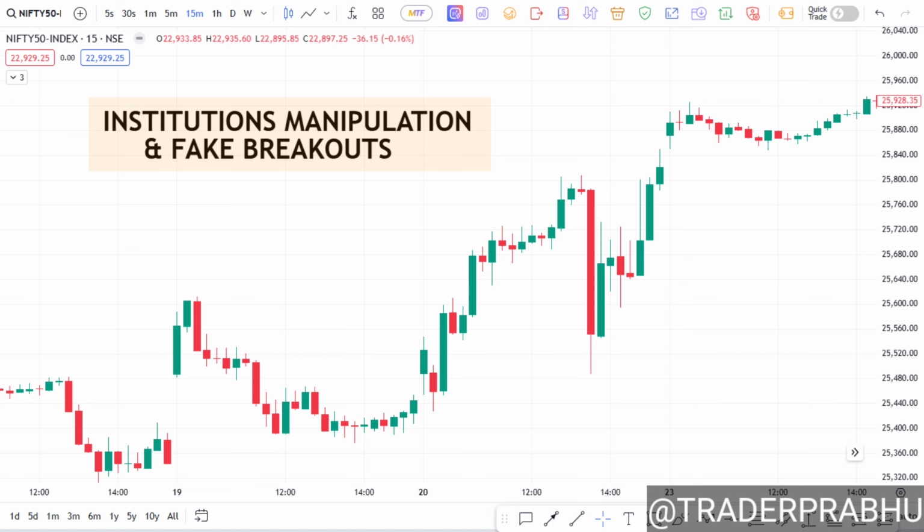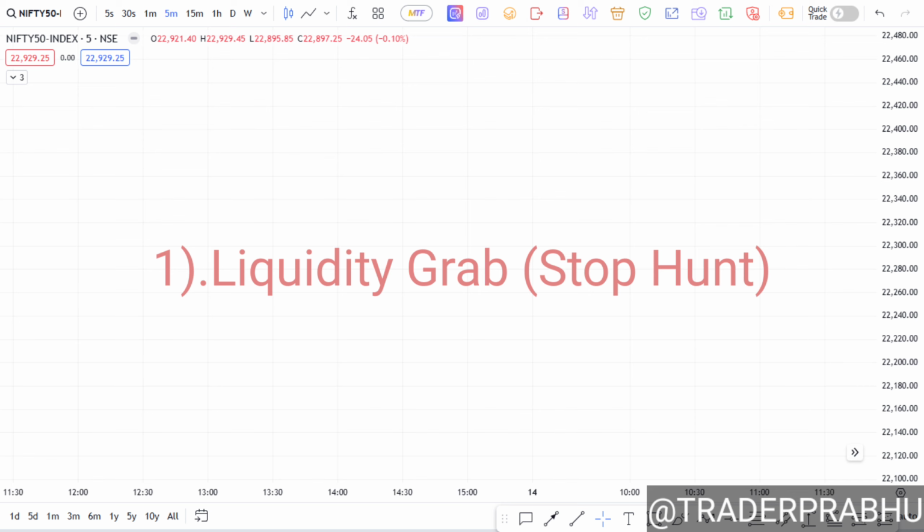So, institutional manipulation and fake breakouts. Big institutions and market makers don't want you to win. They create fake breakouts to trap retail traders. Here is how they do it: liquidity grab or stop hunting.